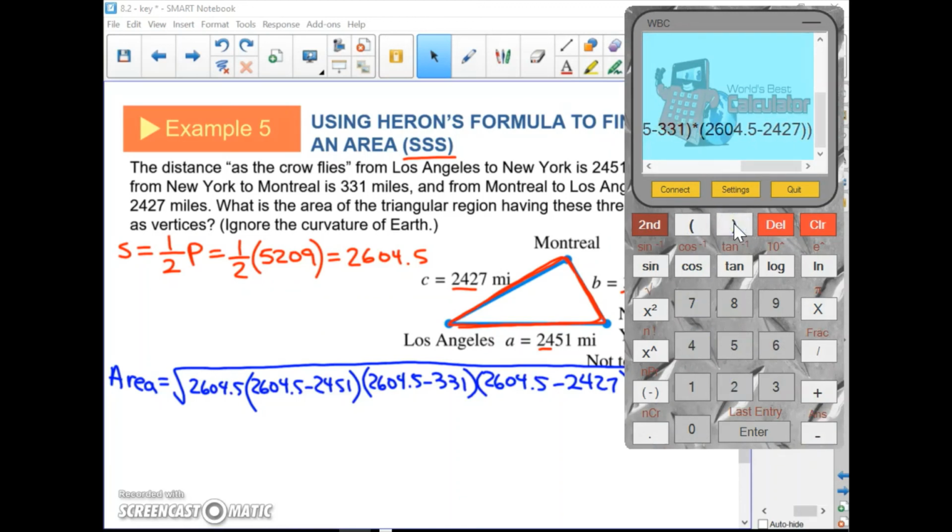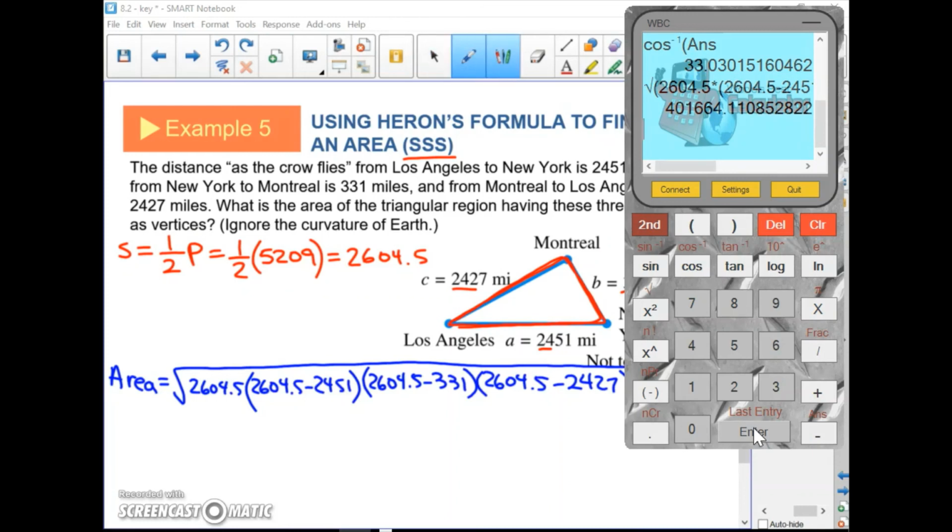Close off the whole thing. Square root of all that stuff turns into 401,664 approximately. So we're talking approximately 401,664 square miles.